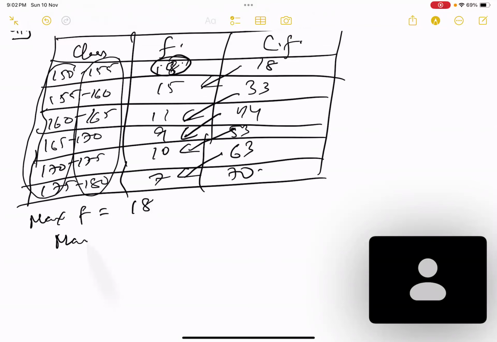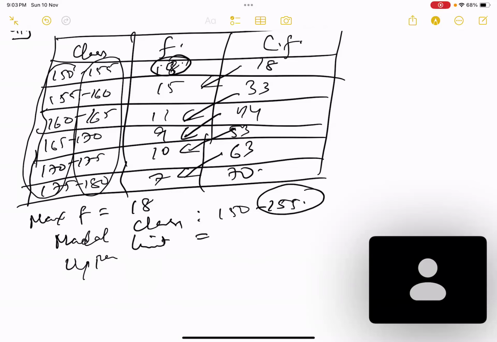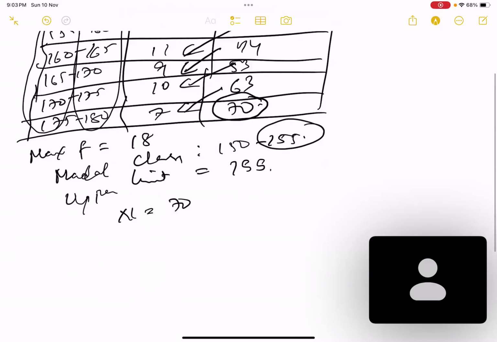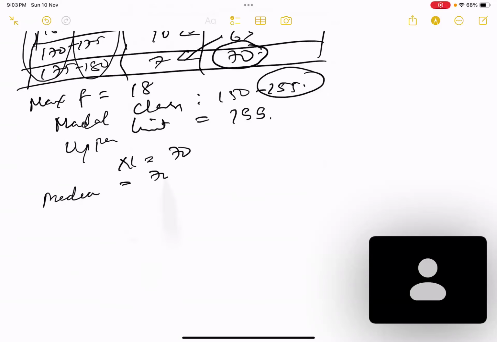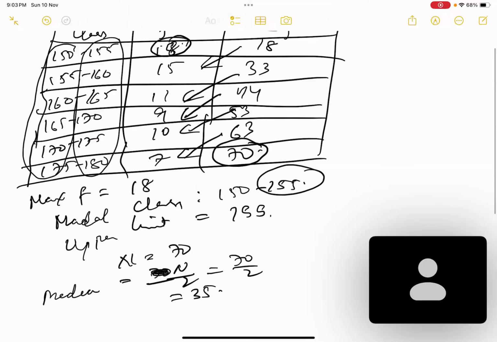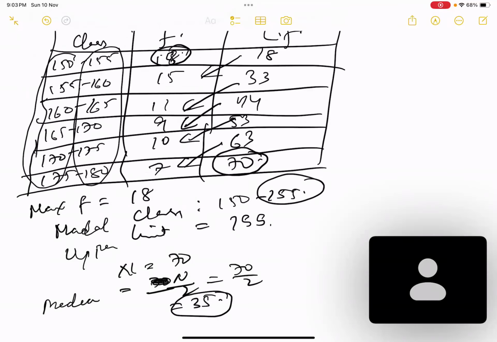The total frequency is 70, right? For the median class, half of this, 70 by 2, is 35. Now in the cumulative frequency section, we have to find where this 35 lies. 35 lies between 33 and 44.